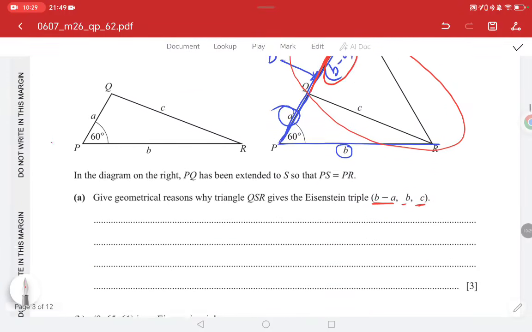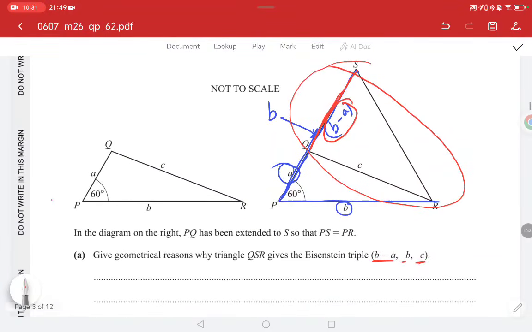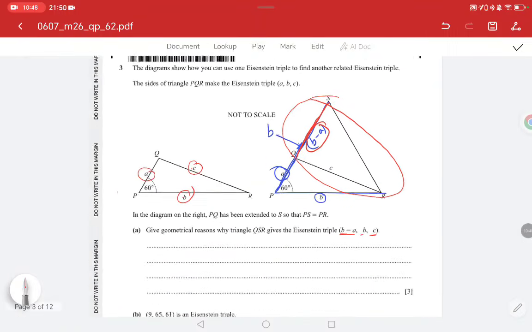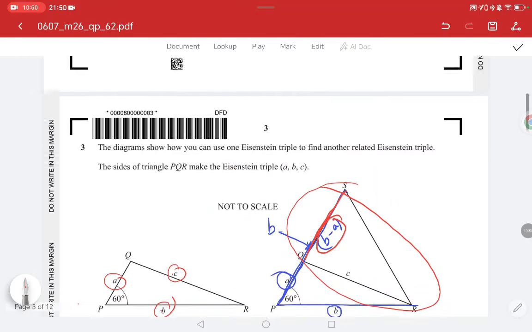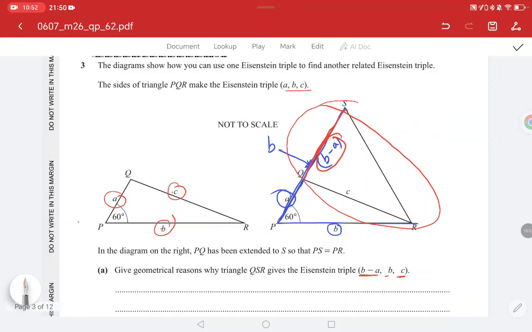So what we need here is to show that we have three sides, B, C, and A, and look at the question. Here is A, B, C, and here is this one.